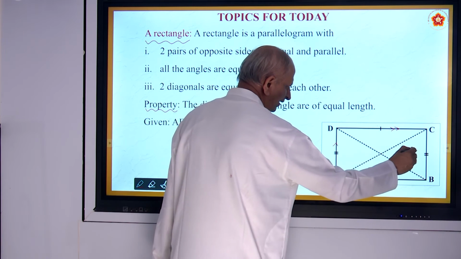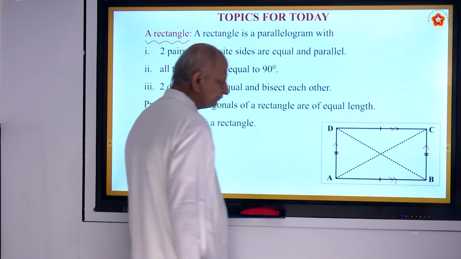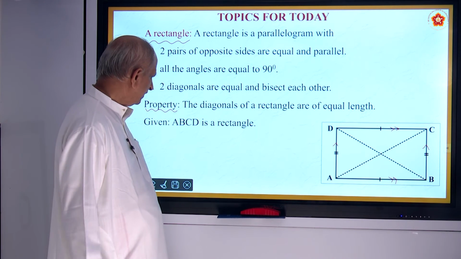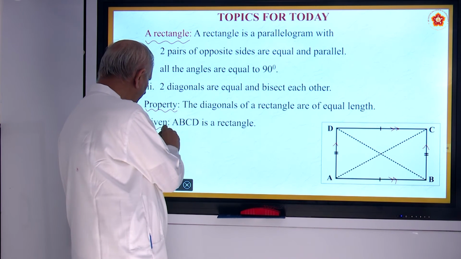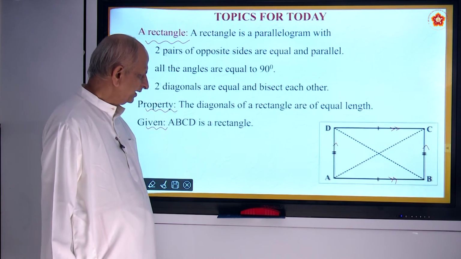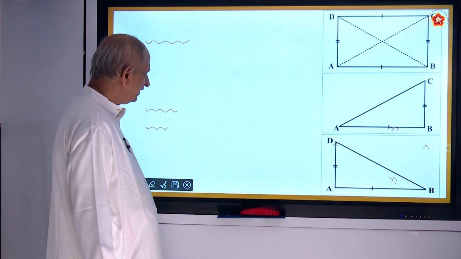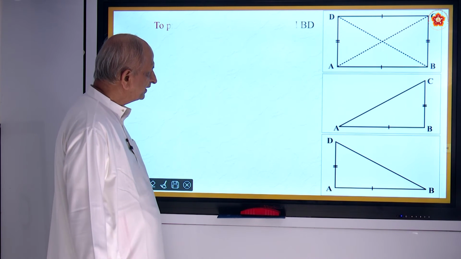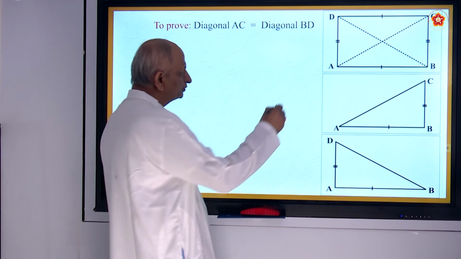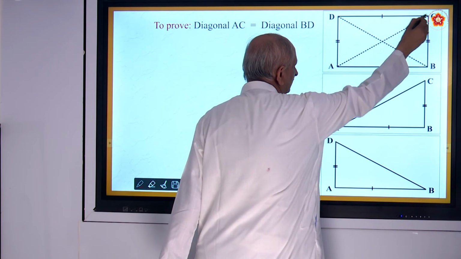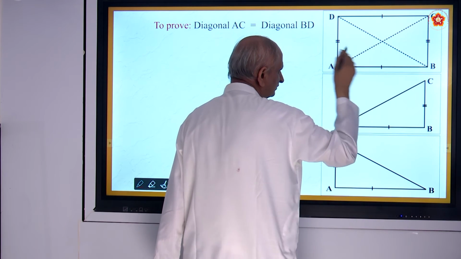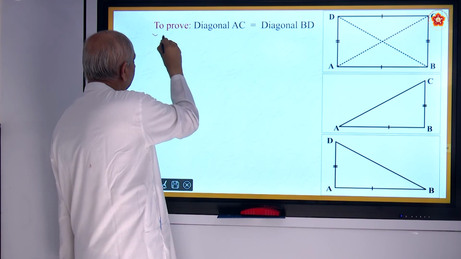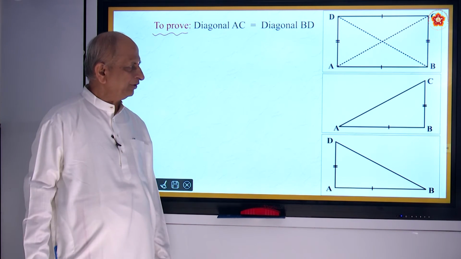Now, what are the two diagonals? Diagonals are AC and BD. AC is one diagonal, BD is another diagonal. You are asked to prove that AC is equal to BD.